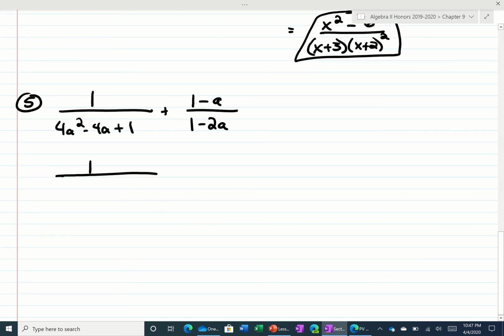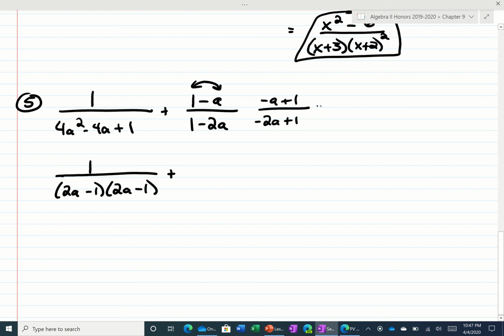If we factor right off the bat, this would be 2a minus 1 times 2a minus 1. What I'm going to do is rearrange these. So it's just negative a plus 1, and the bottom would be negative 2a plus 1. And then I'm going to factor out a negative 1 from the top and bottom.